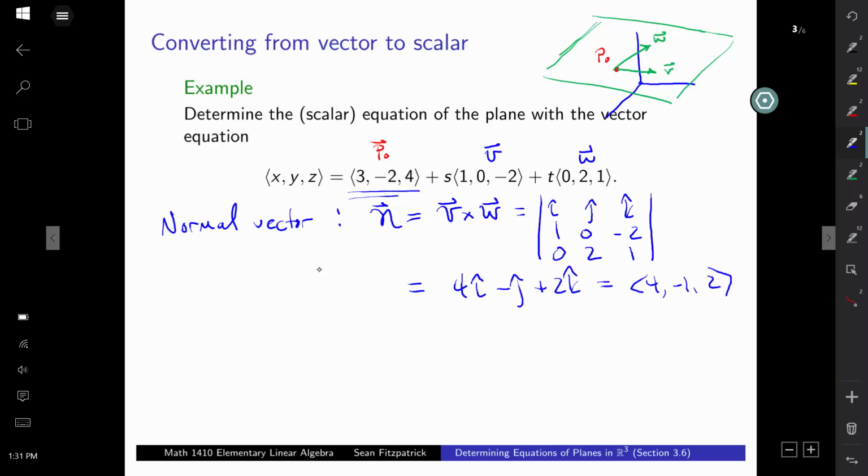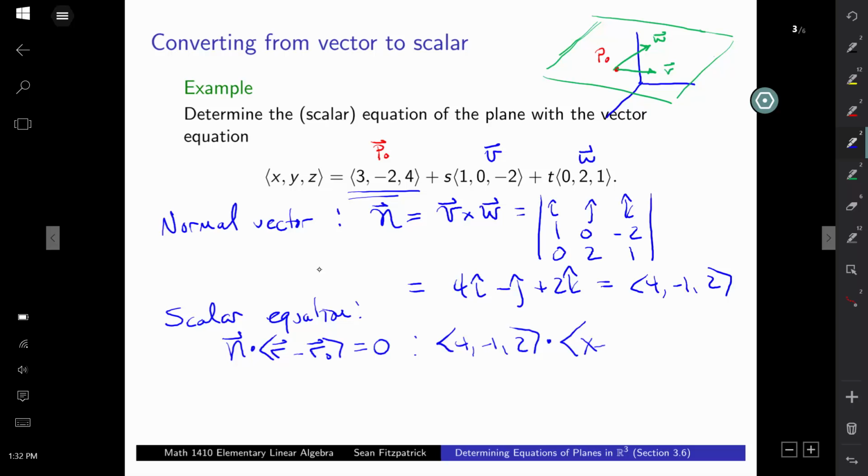Now that you have the normal vector, you already have a point on the plane. It's this guy. So now that you have a normal vector and a point, you can get the scalar equation. The scalar equation is given by the normal vector dotted with, I think we called that r before, so let's do that again, r minus r naught equals 0. So that comes out to 4, minus 1, 2, dotted with x minus 3, y minus minus 2, so y plus 2, z minus 4.